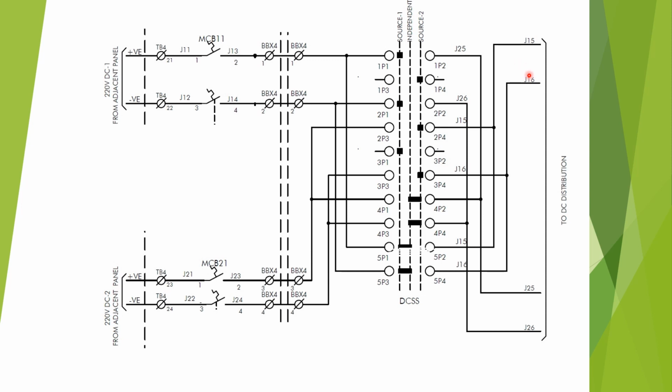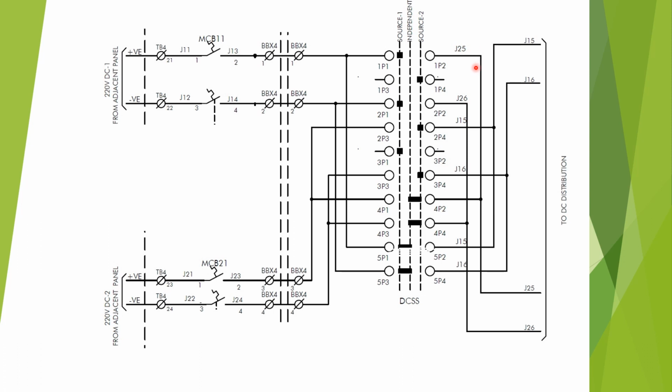So J15 and J16 will get DC from the DC source 1 via these 5P1, 5P2 and 5P3, 5P4 contacts. Again, J25 and J26 will get DC from the DC source 1. So here the path will be from 1P1, 1P2 and 2P1 and 2P2 contacts.